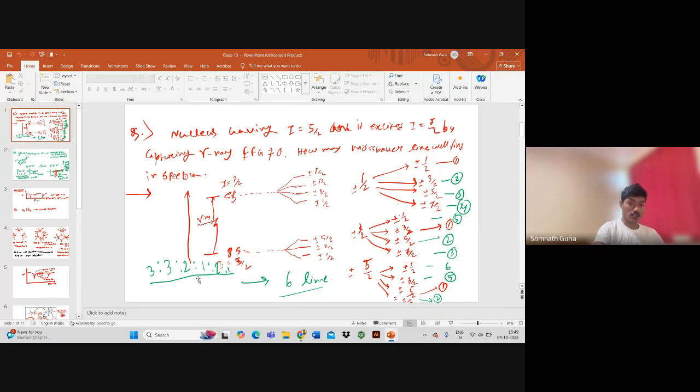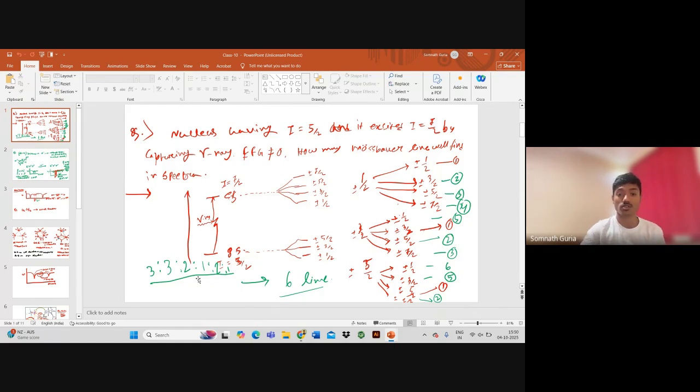Last Saturday we discussed some problems regarding the nucleus having the I value 5 by 2 to 7 by 2 transition. How many Mossbauer lines will we get if EFG is not equal to 0? That means we have the electric field gradient, and the states are no longer degenerate.